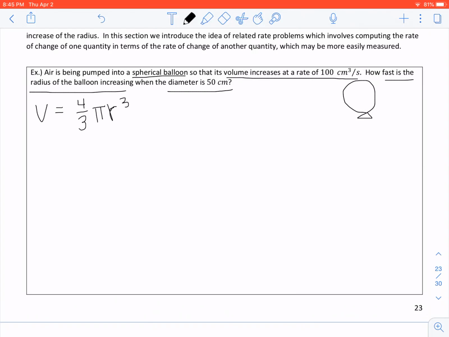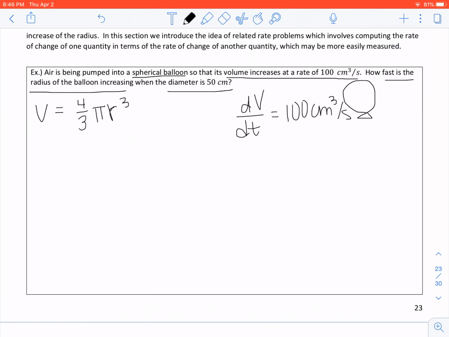And we also know that the rate of the volume increasing is 100 centimeters cubed per second. Since it's a rate, we're talking about a derivative with respect to time. So we know that dV/dt is equal to 100 centimeters cubed per second.